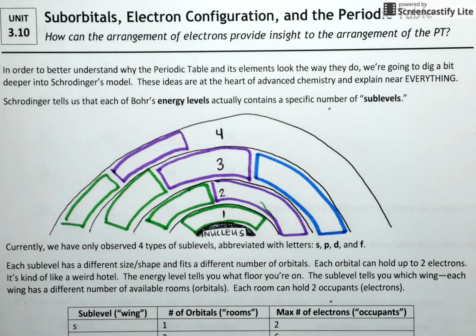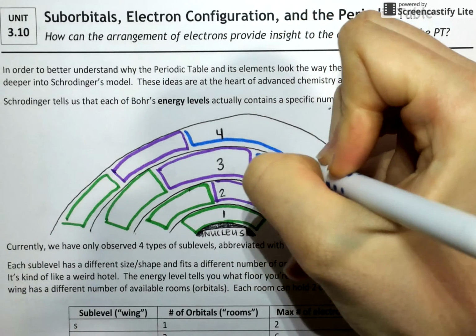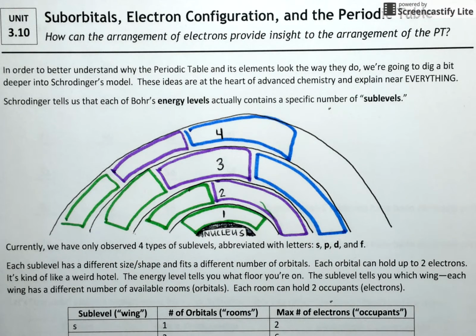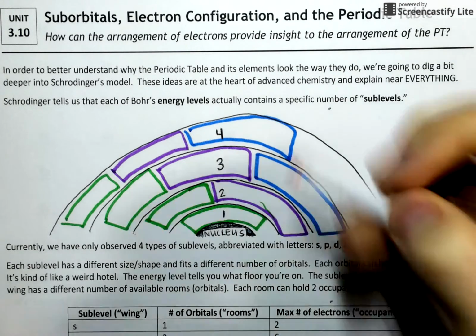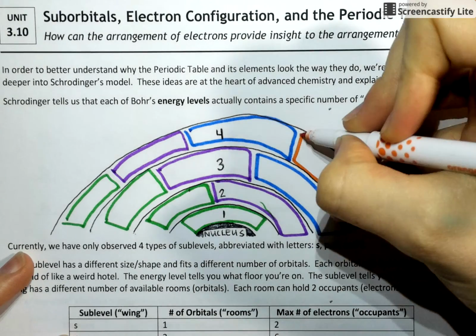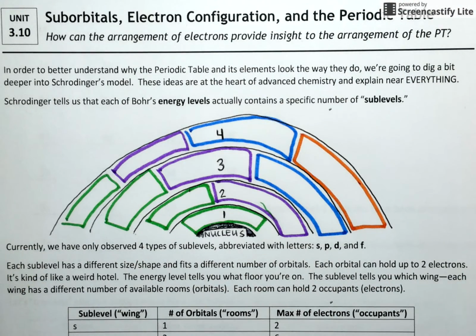There's space for the blue. And there's still even more room for another sublevel as we move away from the nucleus. And I'll include a fourth sublevel in orange. And if this were an ideal world, that orange sublevel would again be even larger than our blue one.